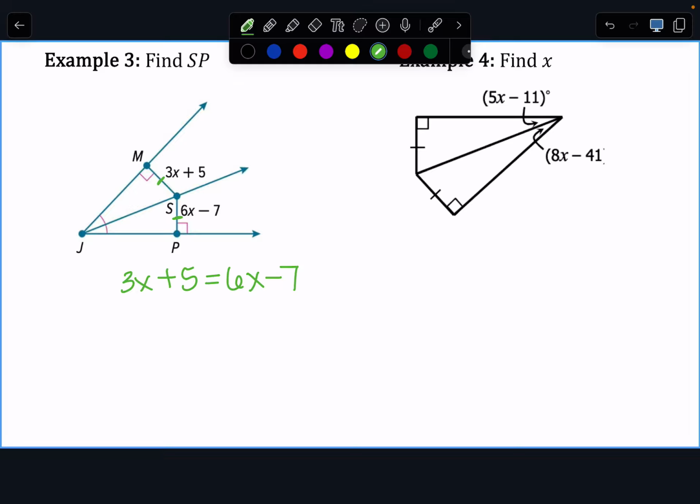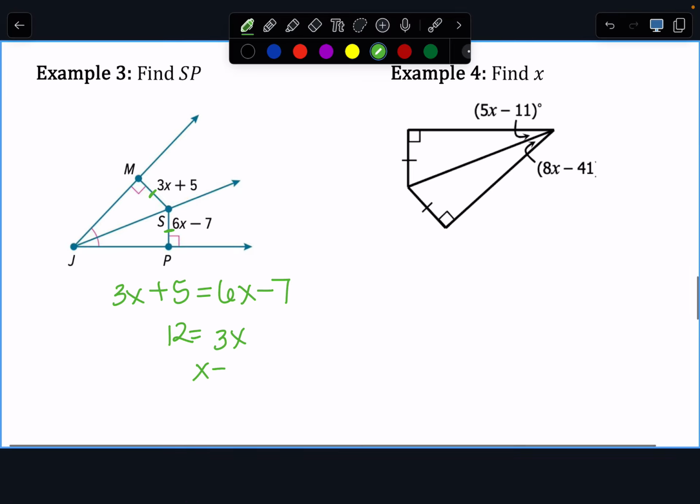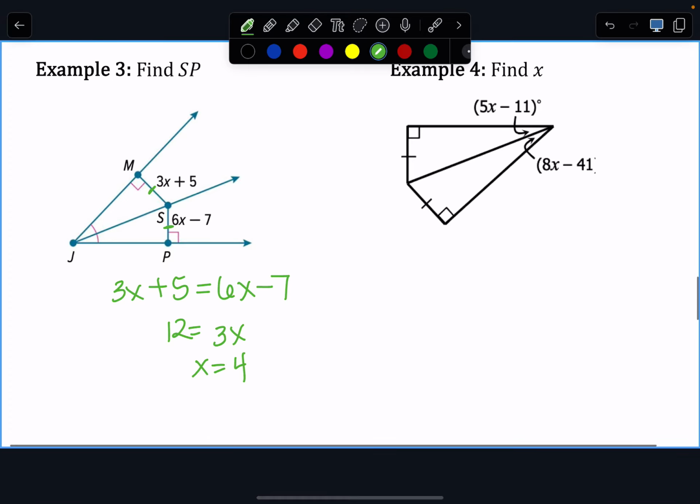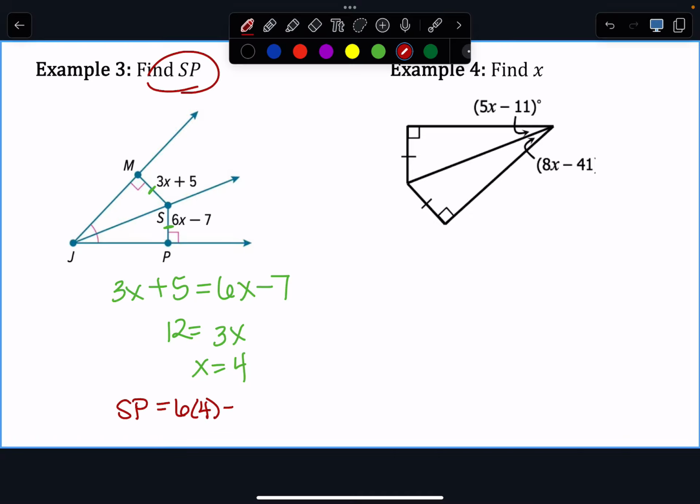Doesn't this mean 3x equals 12? Yeah, and then you get 4, and then you get 17. Oh, I asked you to find SP, and SP is 6x minus 7.